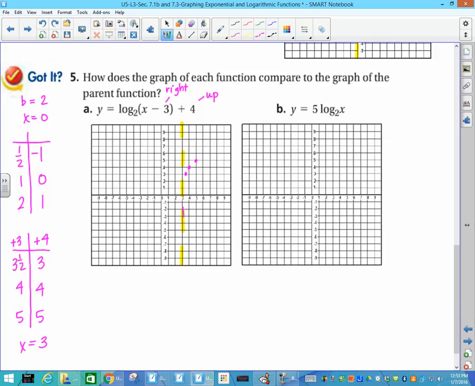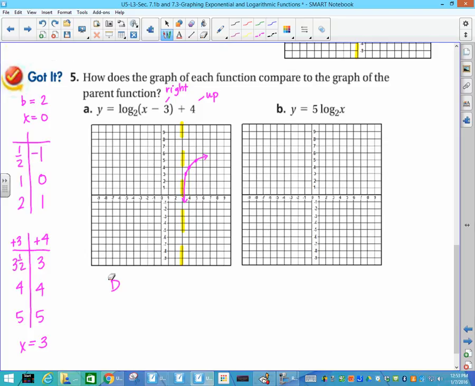Okay, so this is my asymptote, so I know that I'm going to approach it like that. Okay, that was really bad. Sorry. Let's do that. Okay, and that's good. Our domain now starts at the asymptote, y'all. So my domain is 3.